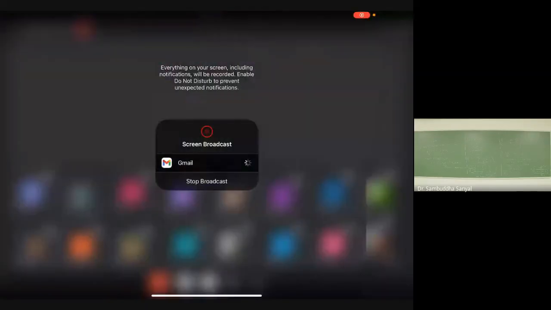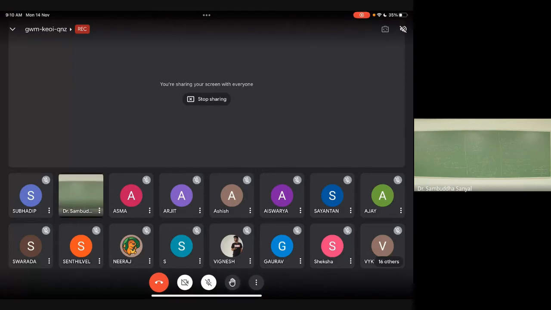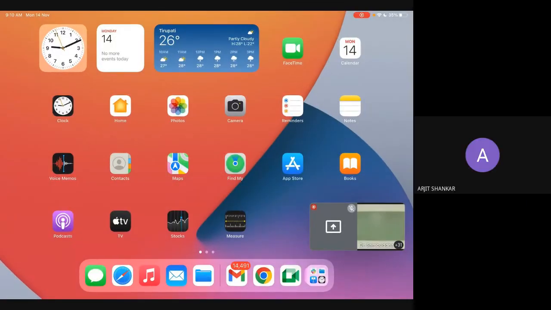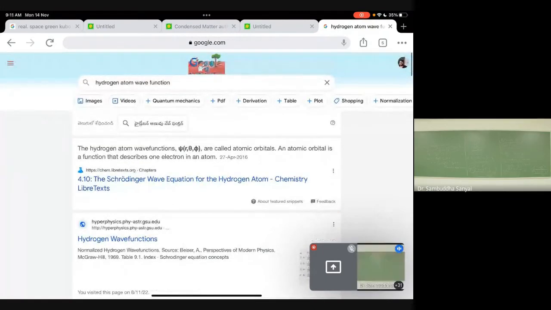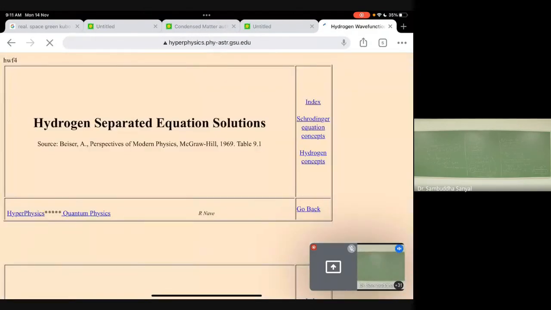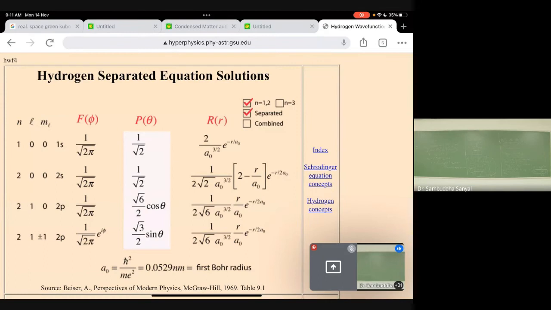Can you see my tablet screen? Yes, sir. Okay, I just googled hydrogen atom wave function just to show you these mathematical forms. This HyperPhysics page is very useful. So I have defined a hydrogen atom wave function in terms of this n, l, and m.